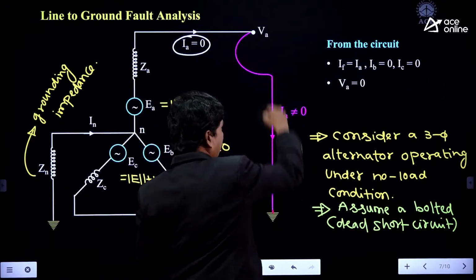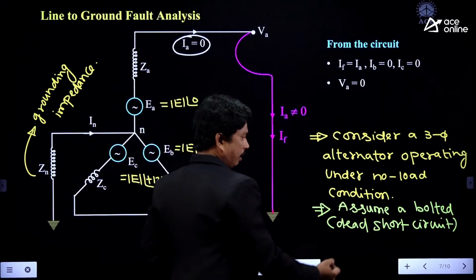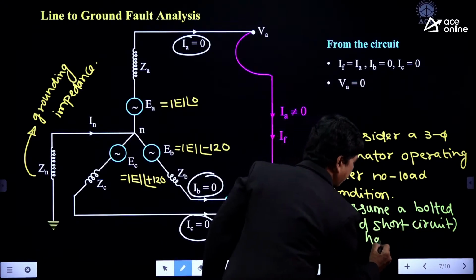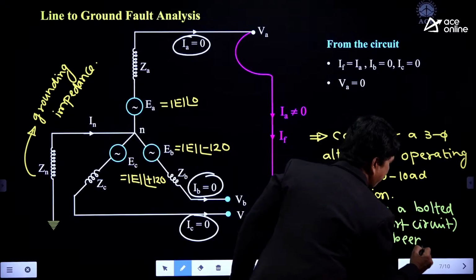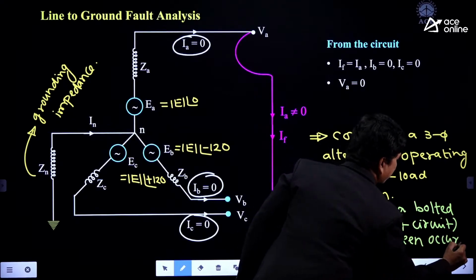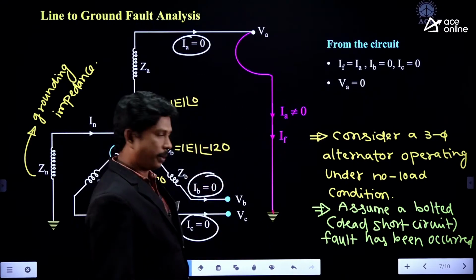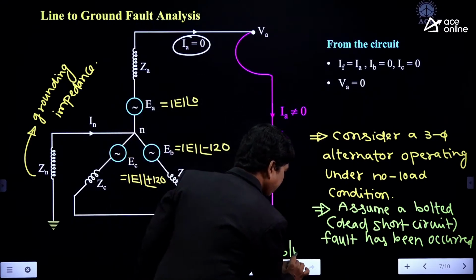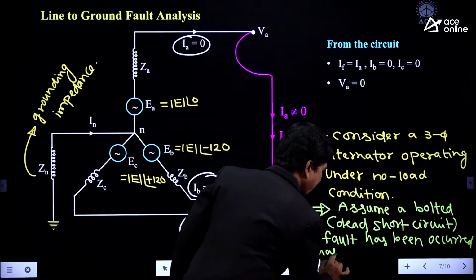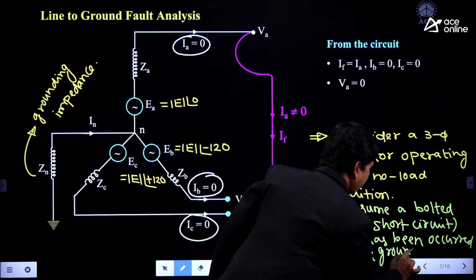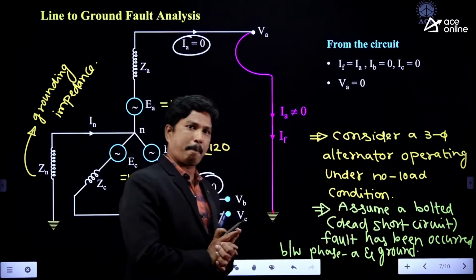It is a zero impedance path. The dead short circuit fault has occurred between phase A and ground. That is the initial situation we can take.